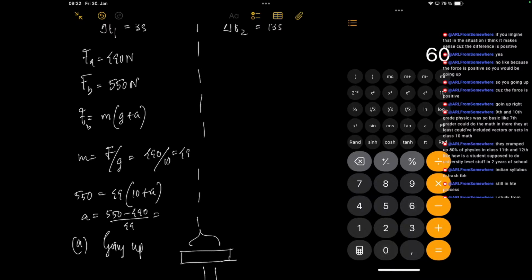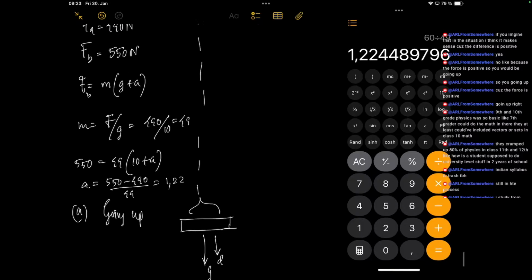Yep. 60 divided by 49 gives 1.2 meter per second square.